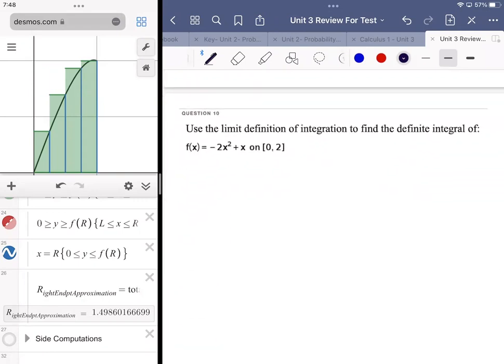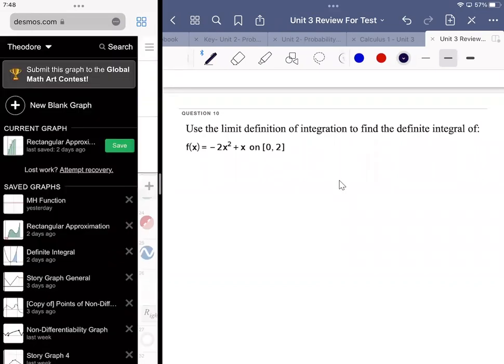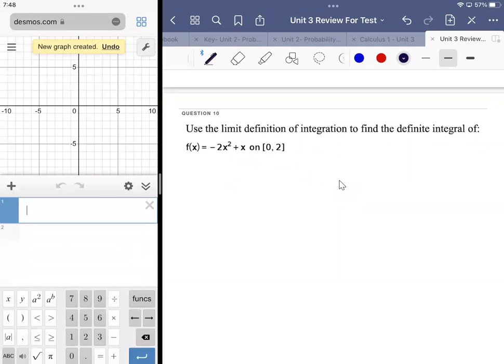Find the limit, or using the limit definition of integration, find the definite integral of this, right? Oh, no problem. So this one is a compensation for the previous one.